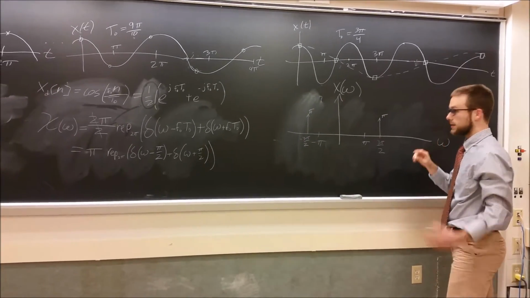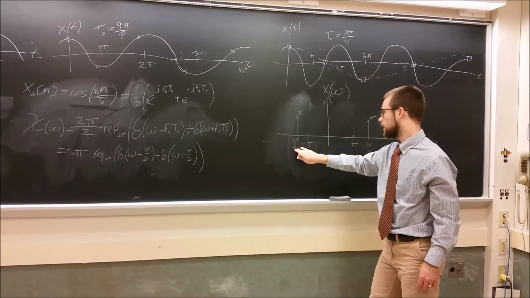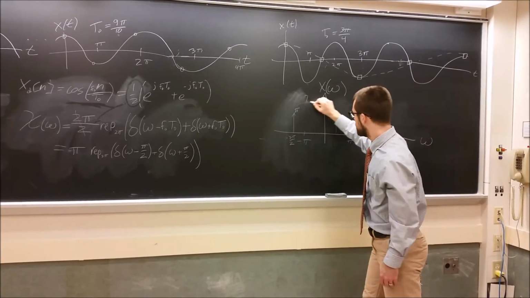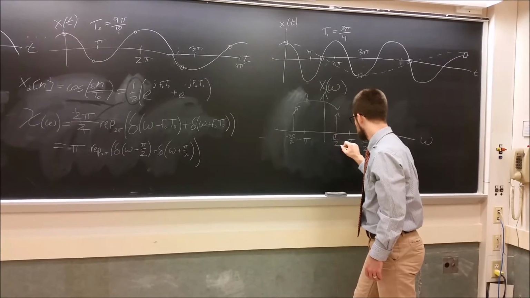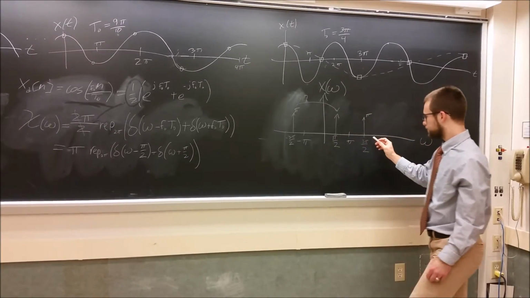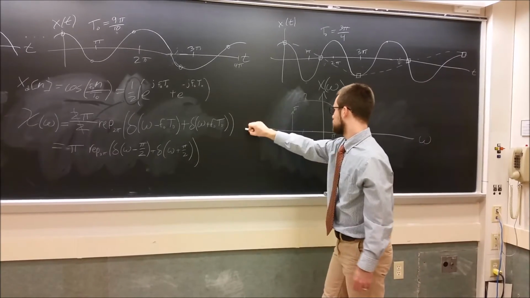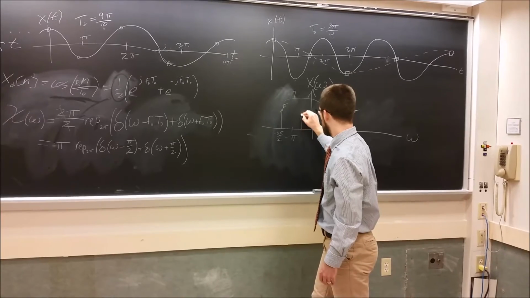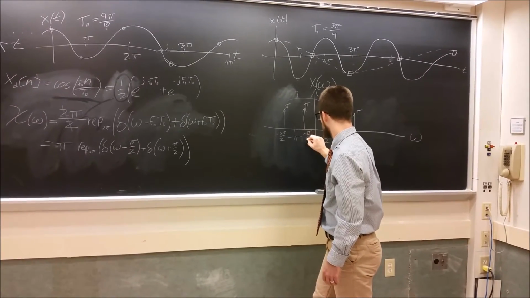Now, when we repeat this every 2 pi, negative 3 pi over 2 plus 2 pi comes out to pi over 2. And 3 pi over 2 minus 2 pi, or the previous one down here, if you want to think of that, comes out to minus pi over 2.